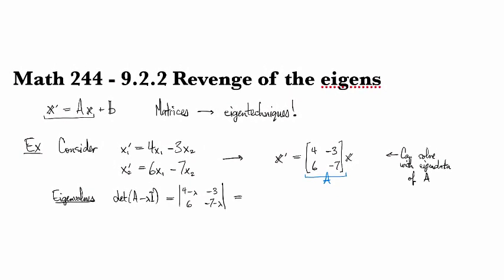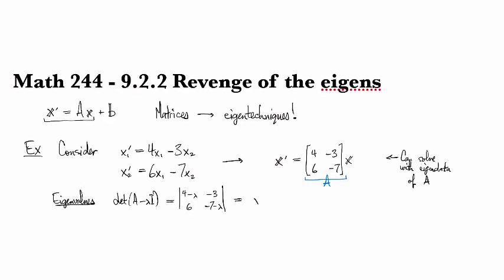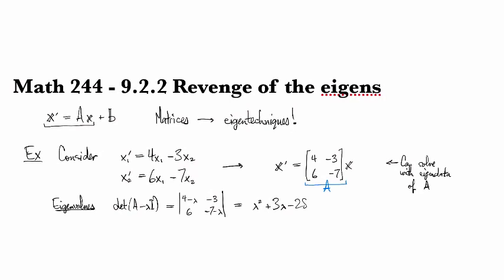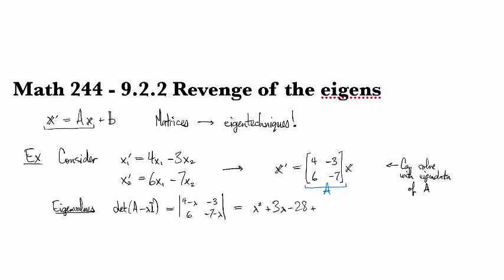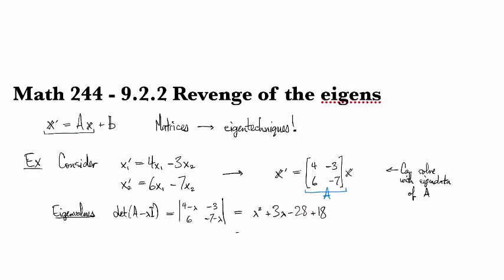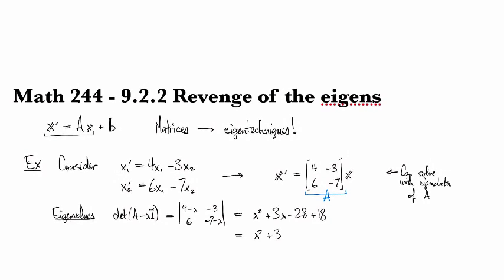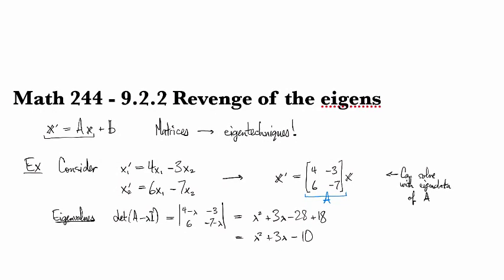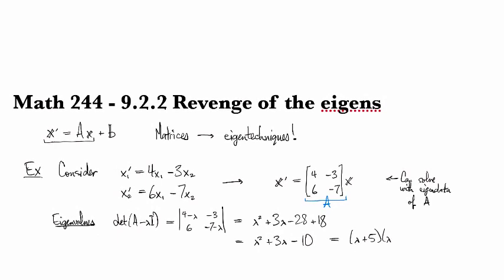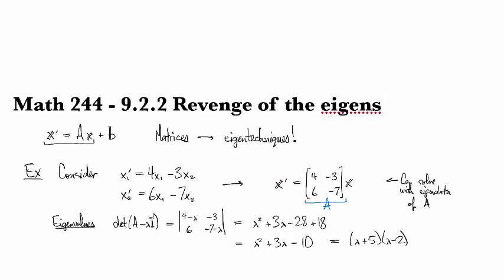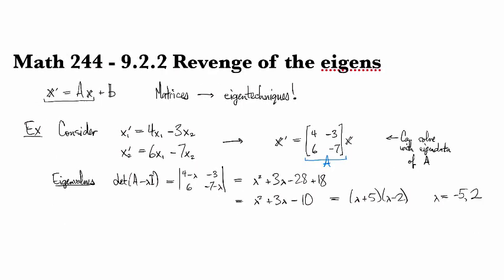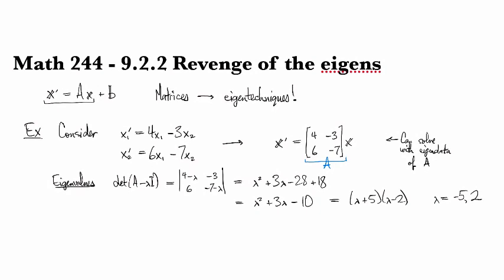And so we do the usual thing and multiply out the products, and we get lambda squared plus 3 lambda minus 28 plus 18. And so then that becomes lambda squared plus 3 lambda minus 10, which we can factor as lambda plus 5 times lambda minus 2. So we end up with lambda equal to minus 5 and 2. Okay, so now we look for the corresponding eigenvectors.